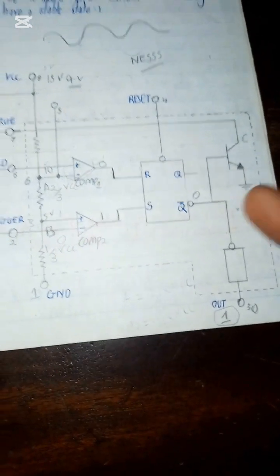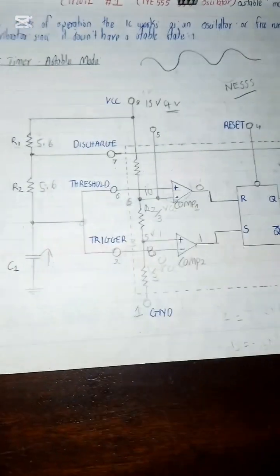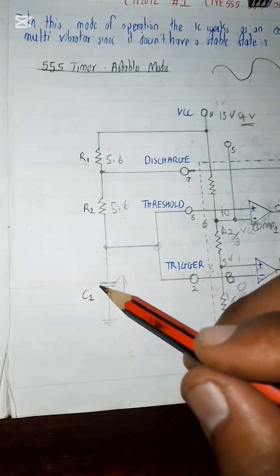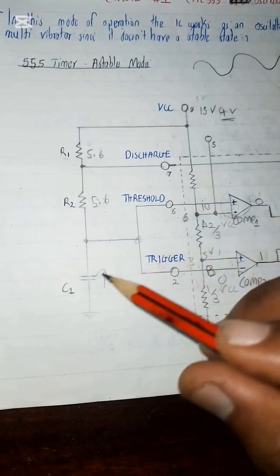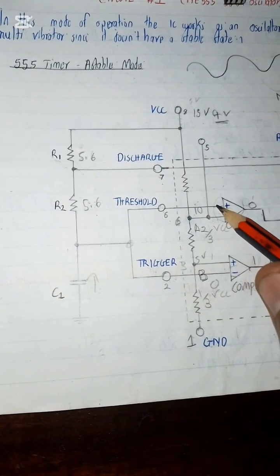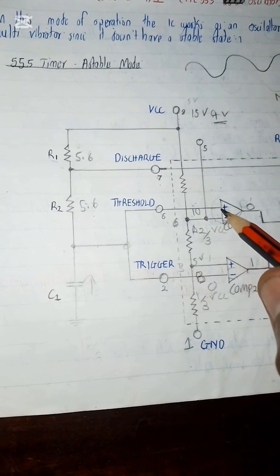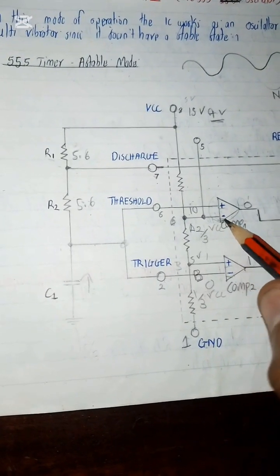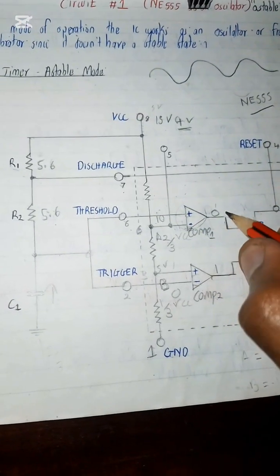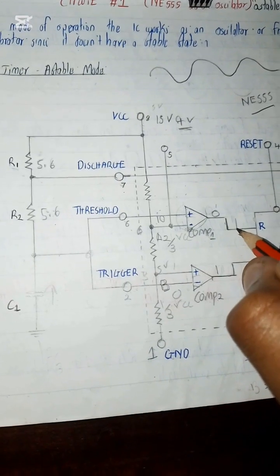You can see the LED start flashing on. At the next stage, the capacitor is still charging. Once it reaches a point where it's greater than 2/3 of VCC, the non-inverting will be greater than the inverting, meaning that this point will give a 1 output.